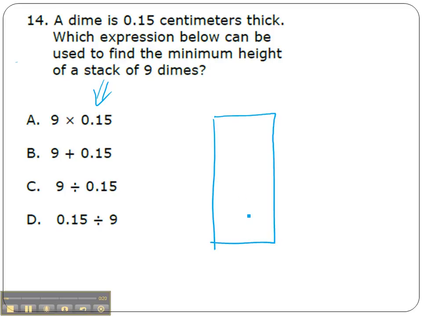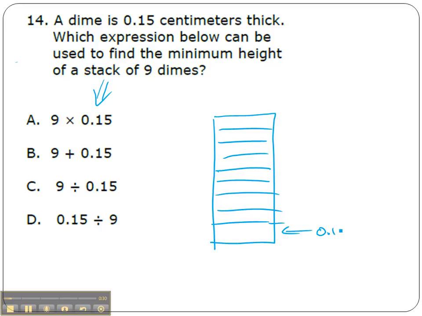Here's my stack of dimes. We have 9 of them. Each dime is 0.15 centimeters. So to find the total height, I could add 0.15 plus 0.15 plus 0.15.